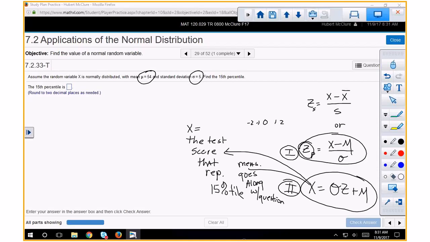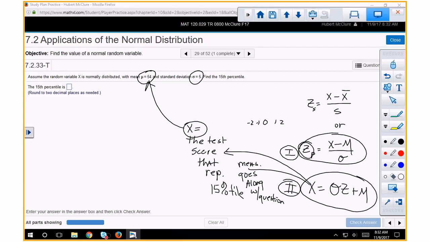Now, if this was weights, then X would be the weight that represents it. If this was heights, X is always representative of the initial measurement, whether it's a height, a weight, IQ test, score on a biology test, whatever the case may be.